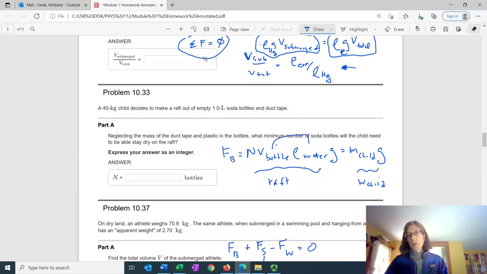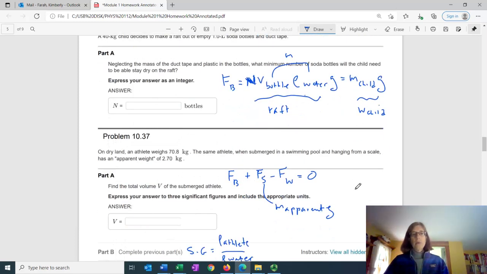Because this right here, volume times density, is equal to the mass of the water that's being displaced, or that the bottles are displacing. And then you've just got to multiply by n to get the minimum number of bottles, so that you can set this as an equality here. So n is going to be the number of bottles.